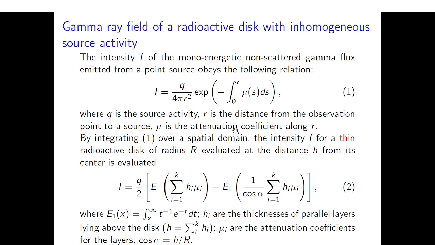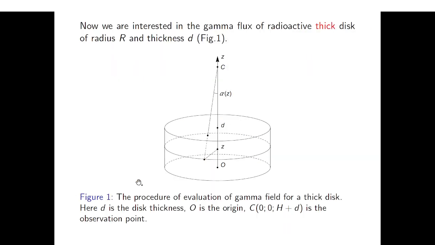By integrating 1, the intensity I for a thin radioactive disk of a certain radius r satisfies relation 2. In this case, the source activity Q is assumed to be constant.